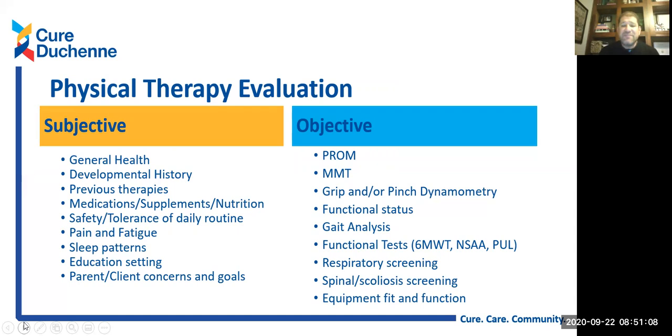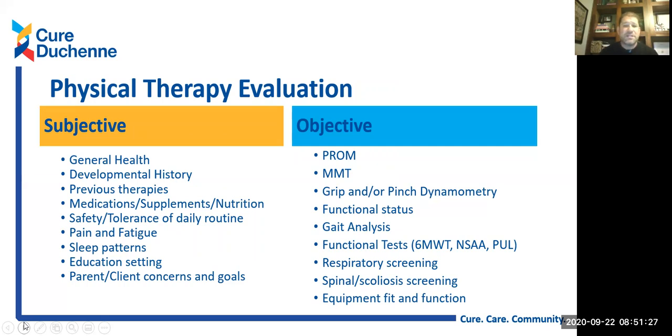What's their safety like and tolerance of daily routine? Are they doing things that are unsafe at school or even at home? Are they playing on playgrounds if their balance is not great, or if it's really difficult? Are they at risk for falling? I want to get an idea of pain and fatigue.